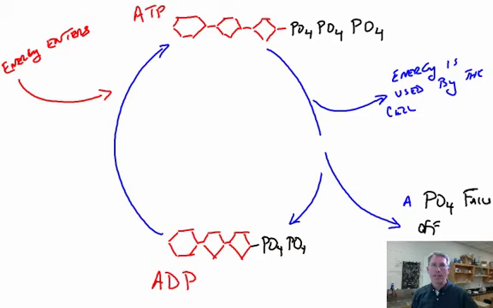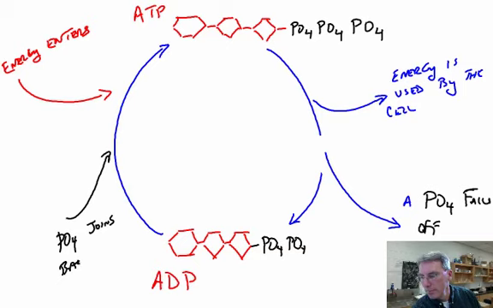But somehow energy has to come in, and we have to get that phosphate ion back. So a PO4 ion is going to join back onto the ADP so that it becomes a cycle.